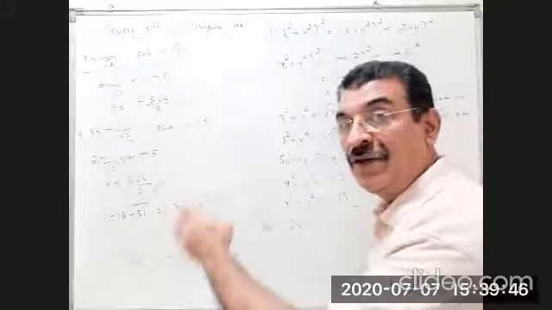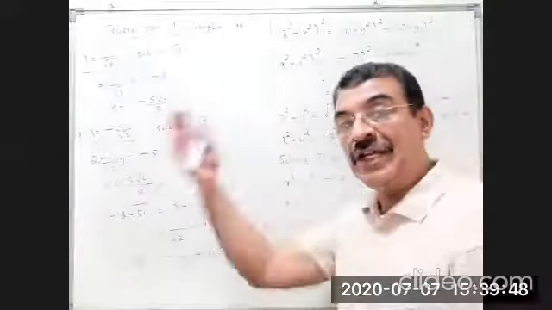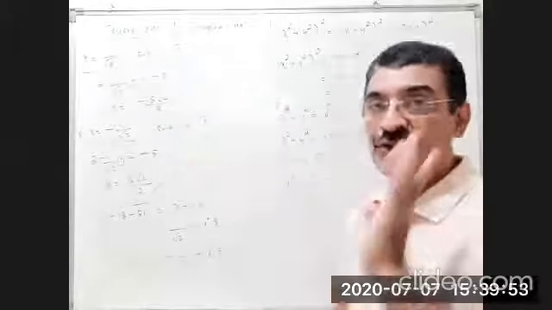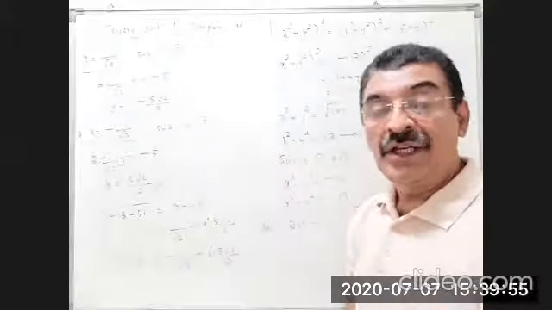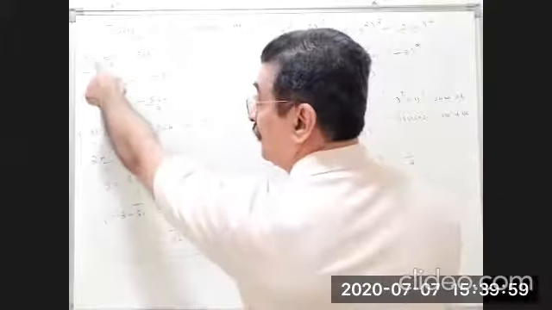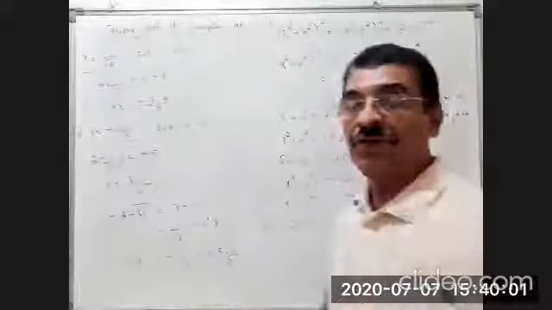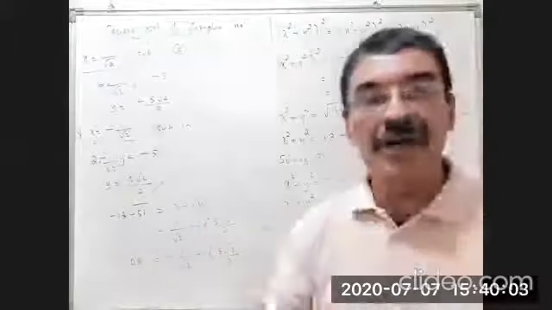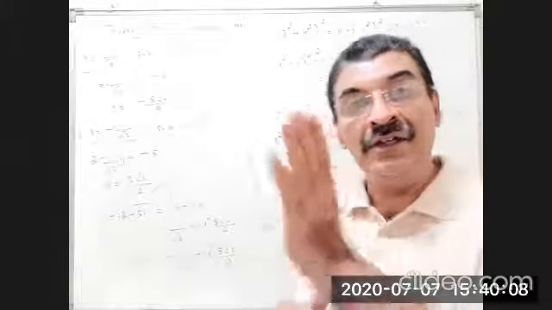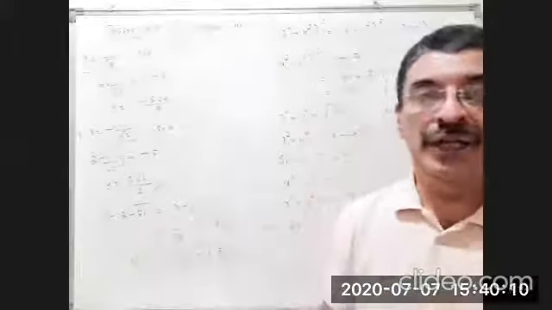Whereas if 2xy is positive in the question, that means if x is positive, then y also will be positive, because multiplying two positive numbers we get positive. Similarly, if x is negative, y is also negative.